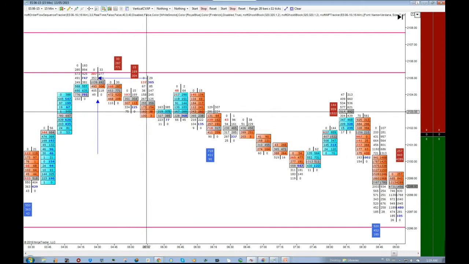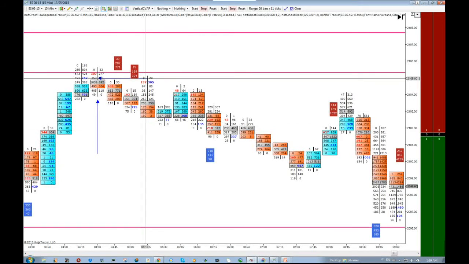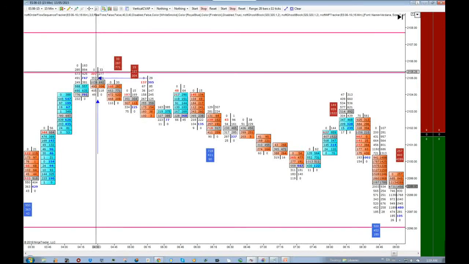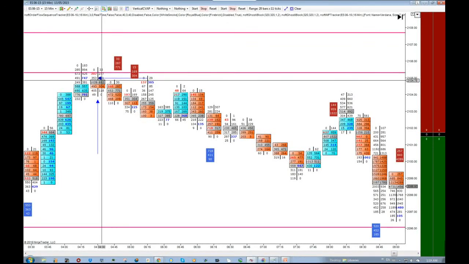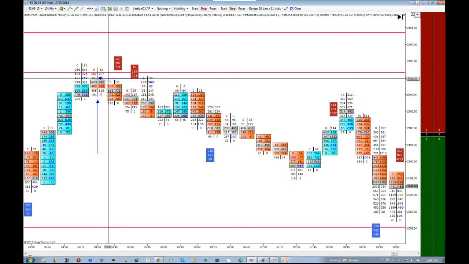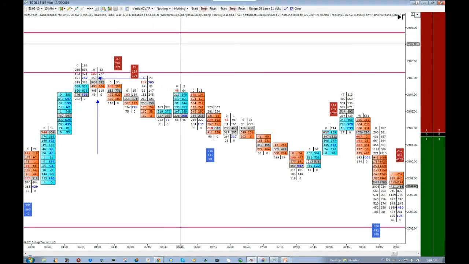So if we are going to go higher in this market, we need to get around that 307 contracts sold aggressively. If we want to call them sellers, the 307 aggressive sellers, we need to get around them for this market to go higher.